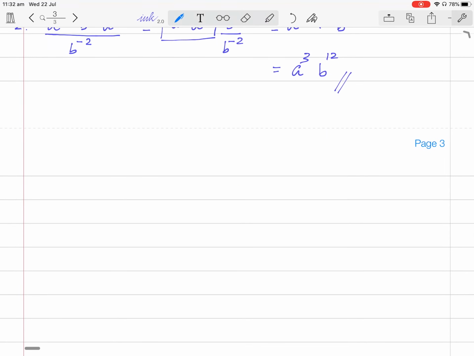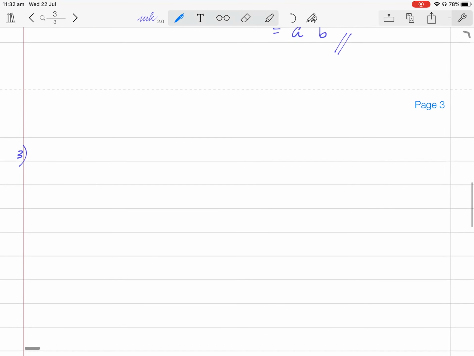And if I do another example, a little complicated one: x plus 1 to the power 5, then you have a to the power 10.